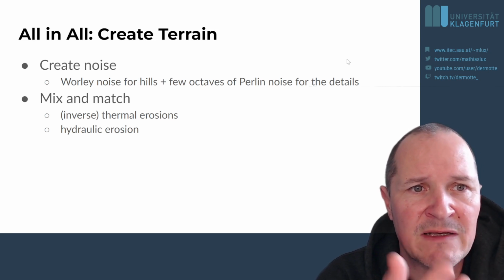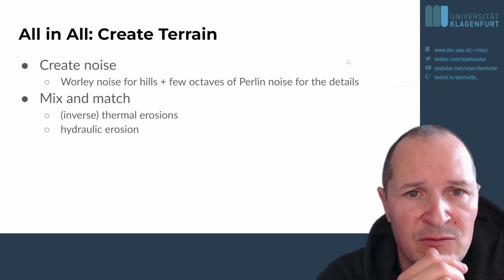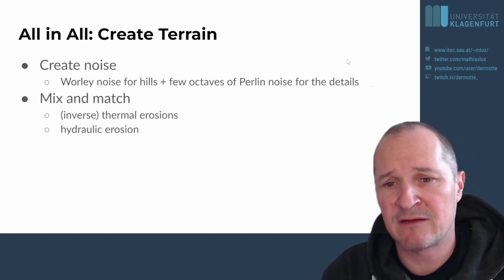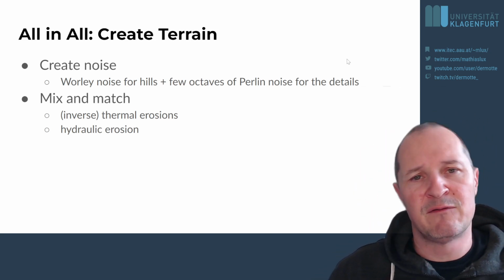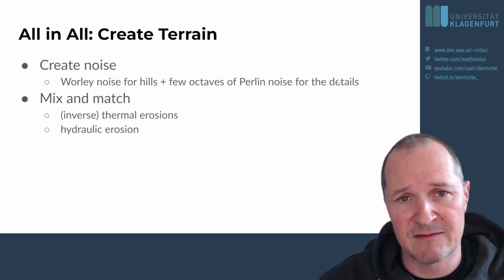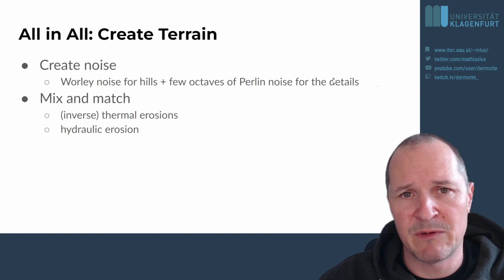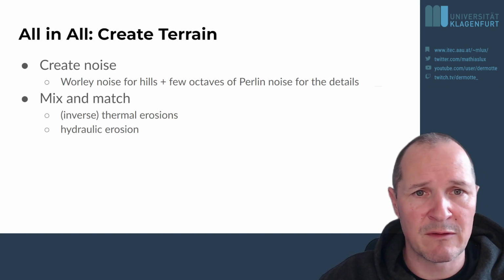Then you can mix and match thermal and inverse thermal erosions and hydraulic erosions, make a tool chain and configure it and see if something comes out of that. So it's actually pretty hard.